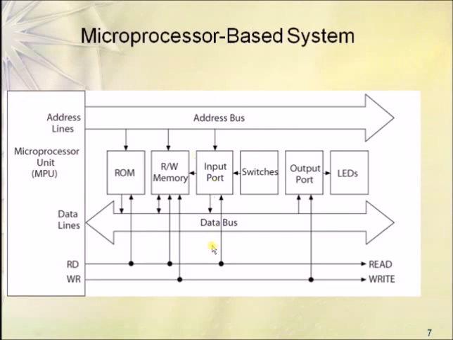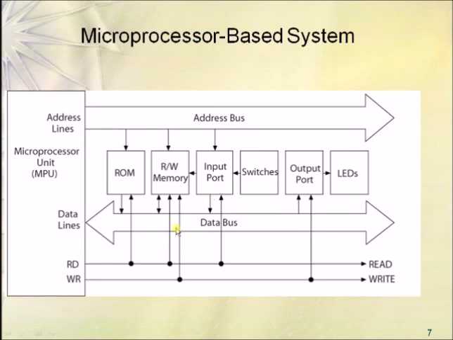So this is how we connect the external peripherals to the processor with the help of address, data, as well as control lines. As you can see here, there is one address bus connected to all the peripherals, but it is a unidirectional bus. It means the processor can only generate the address and send it to the peripherals through this address bus, which is received by all the peripherals.